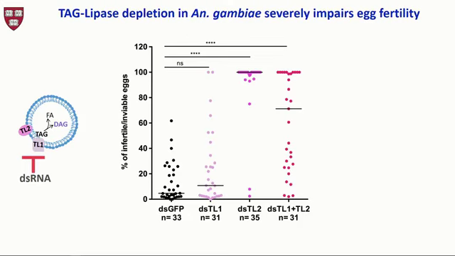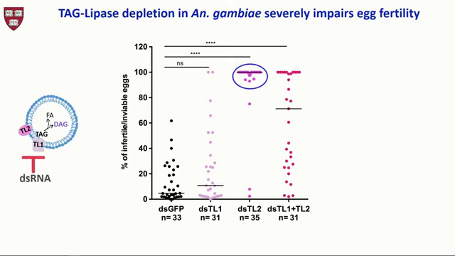What we found is that, unlike TL1 where we don't see any effect on fertility, we see that TL2 inhibition significantly impairs fertility of these eggs. Very striking is that if you look at this TL2 population, over 95% of the mosquitoes, each female would have about 100% infertile eggs, which is very striking.